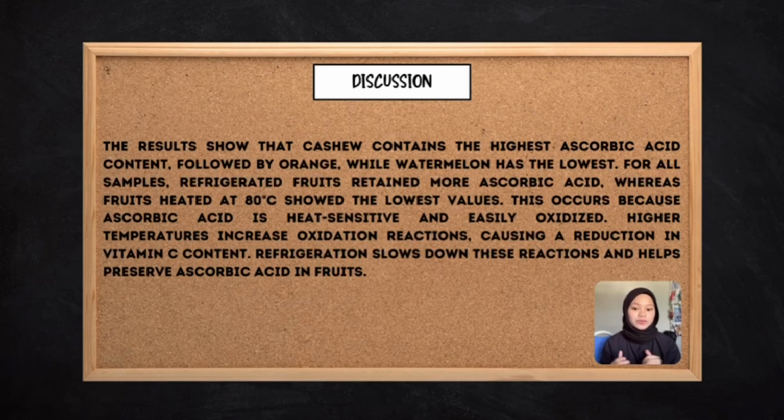This occurs because ascorbic acid is heat sensitive and easily oxidized. The higher temperature increased the oxidation reactions, causing a reduction in vitamin C content. Refrigeration slows down these reactions and helps preserve ascorbic acid in fruits.